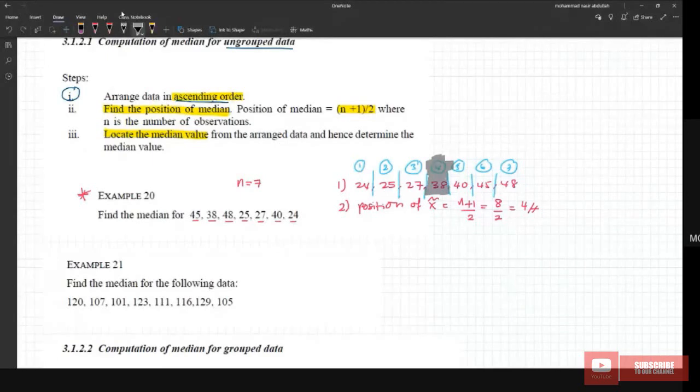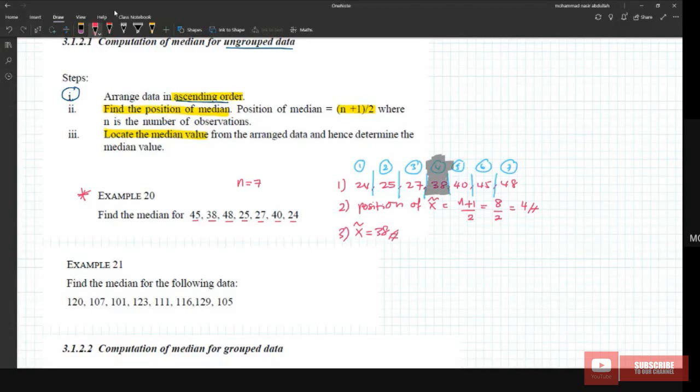Now we can easily find the median by locating the median value from the arranged data. Position number 4 is 38. So the median is equal to 38.